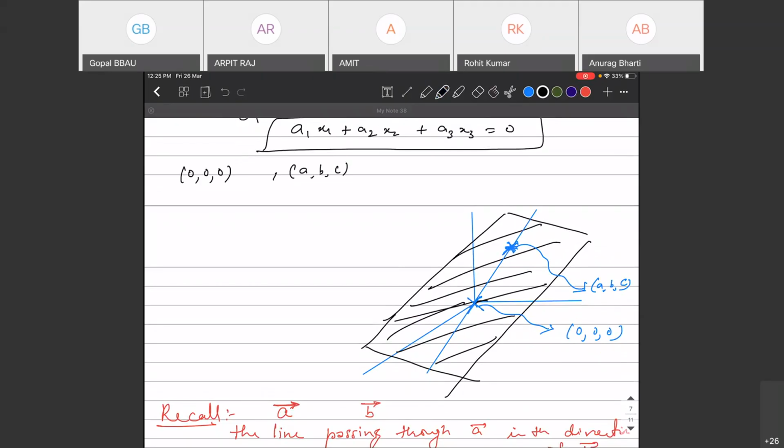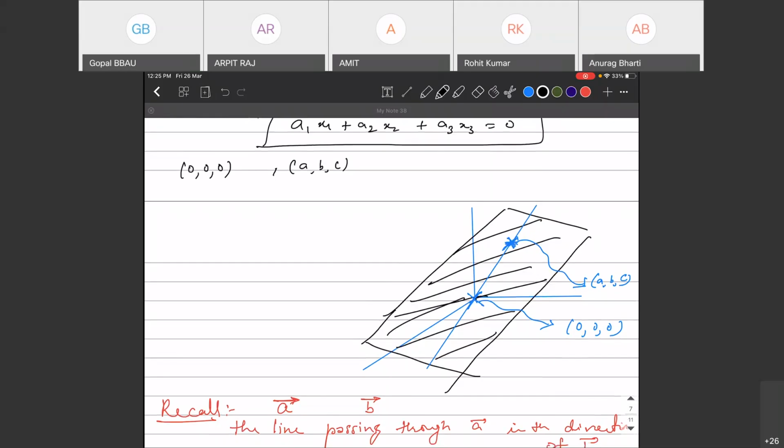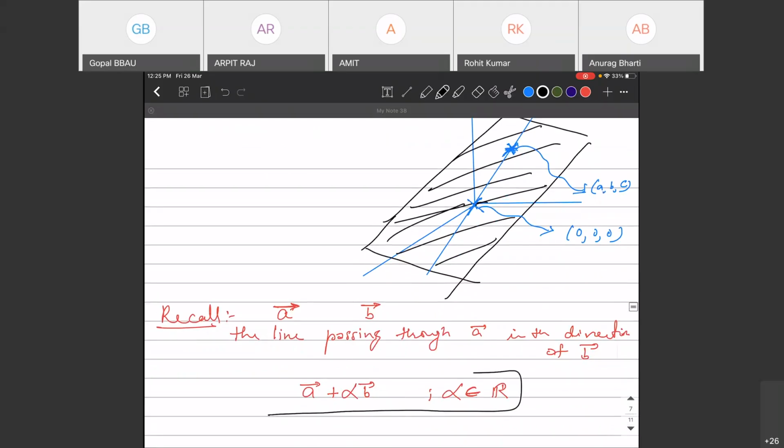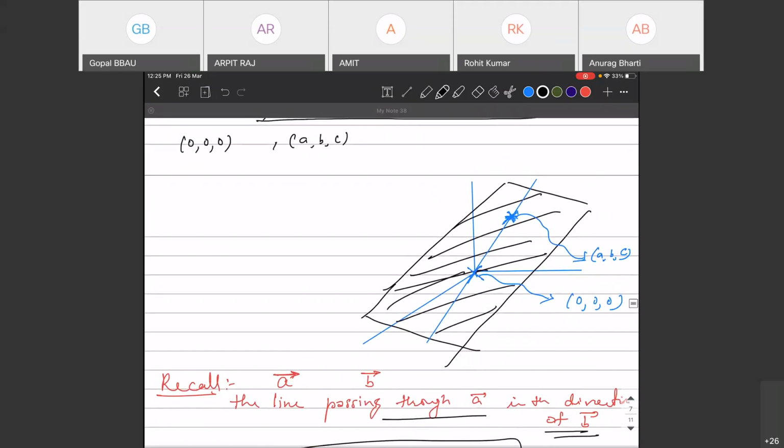Now we want to find the equation of the line passing through (0, 0, 0) and (a, b, c). And we know this is the line passing through A and in the direction of B. So let's find the direction of (a, b, c). What would be the direction of (a, b, c)?